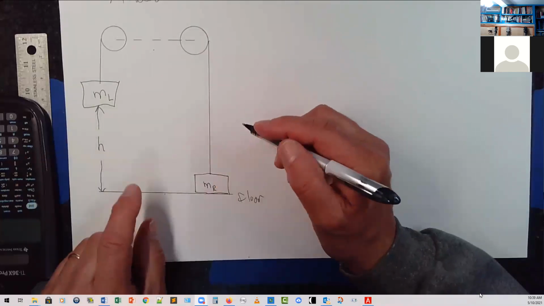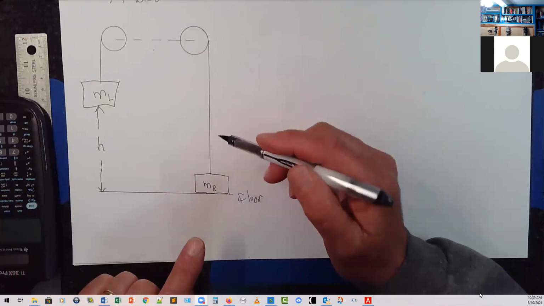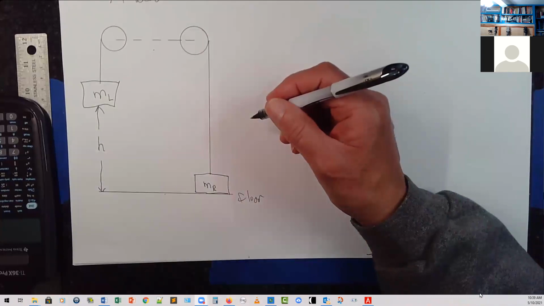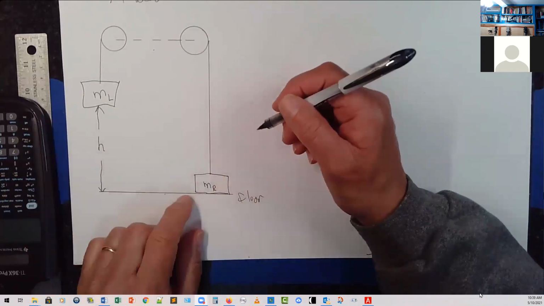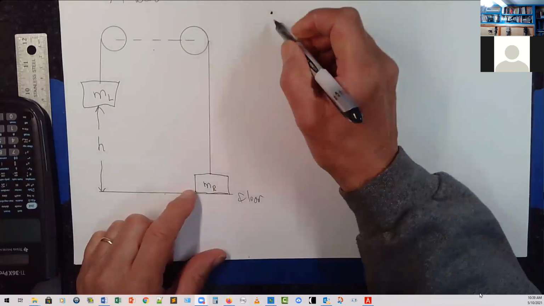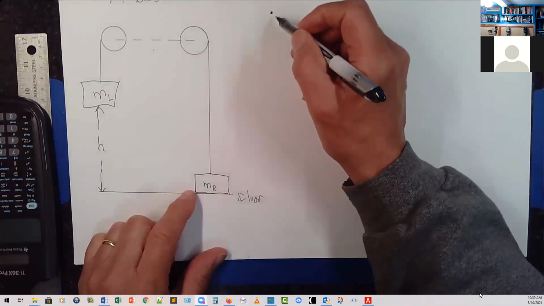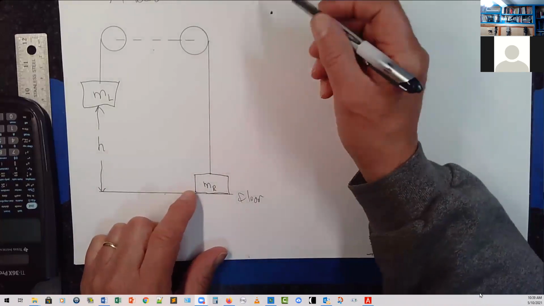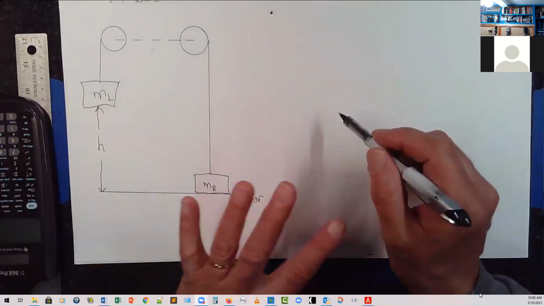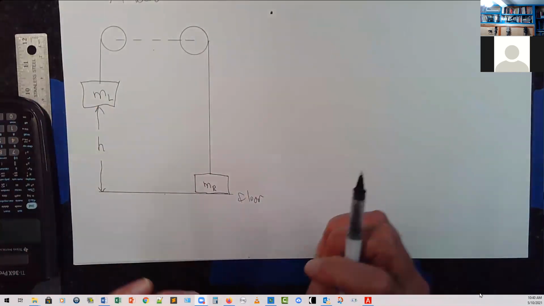Let's make free body diagrams for these two things. I mentioned free body diagrams last week. It's the way that you solve a problem like this, and you start by making a dot to represent the object of interest. I'm going to deal individually with m sub l and m sub r, and then combine what I can.